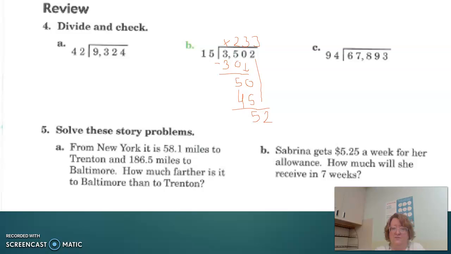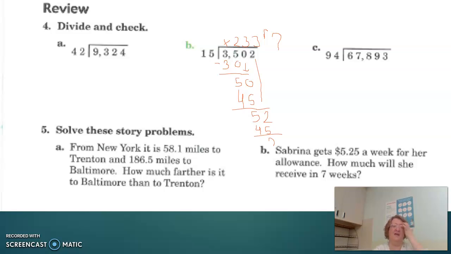And then we would subtract 45 from 52, which would leave us with a remainder of 7. So again, even though we don't know a 15 times table, we can do the 15 times table by just using what we know about the clock.